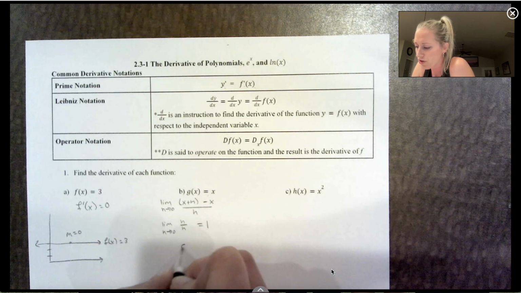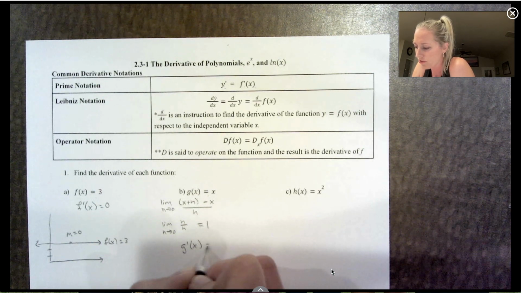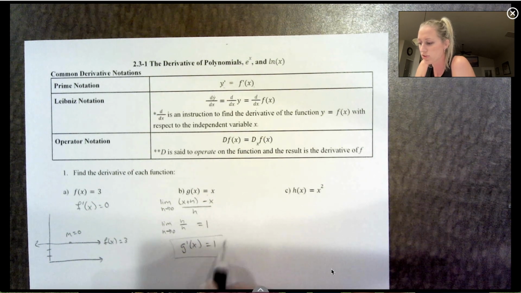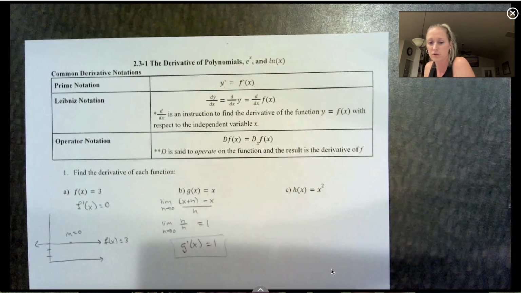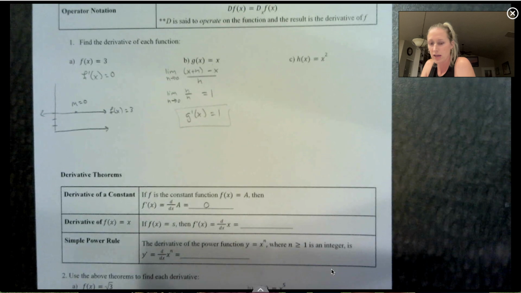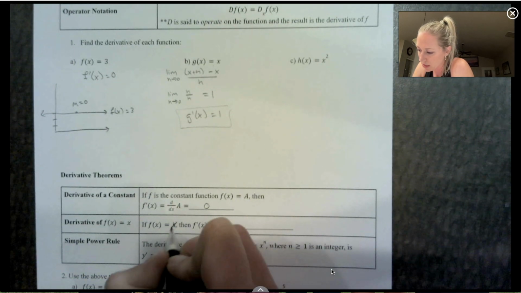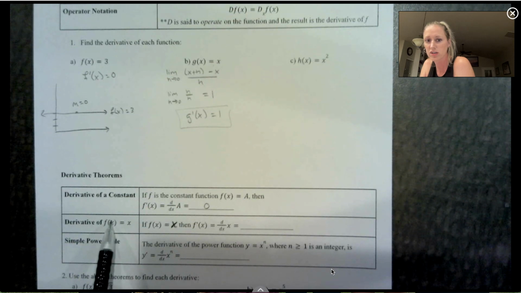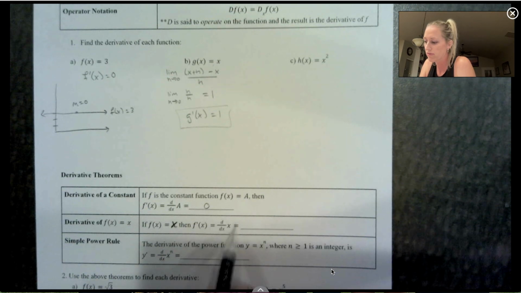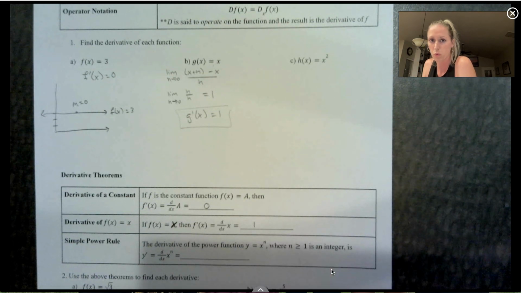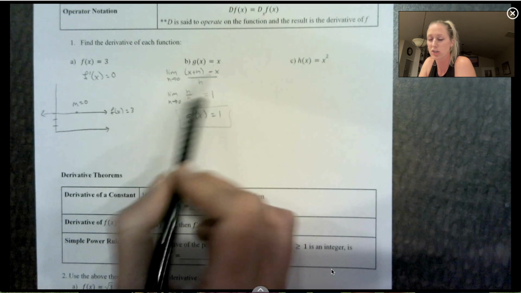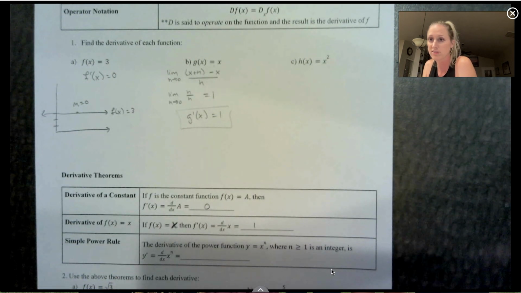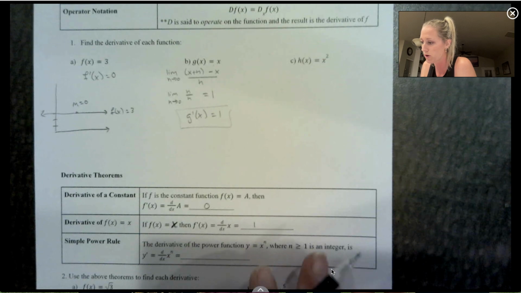So g prime of x is 1. So anytime we have just f of x equals x, g of x equals x, okay? And sorry, this is a typo. This should be an x right there. Okay, so anytime we have this function, the derivative of that function is always 1. So we don't have to do this definition every time. We can recognize that pattern that it's always going to be 1.